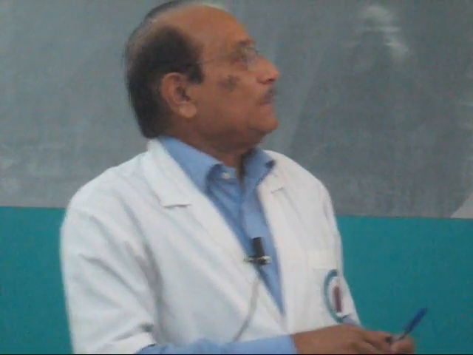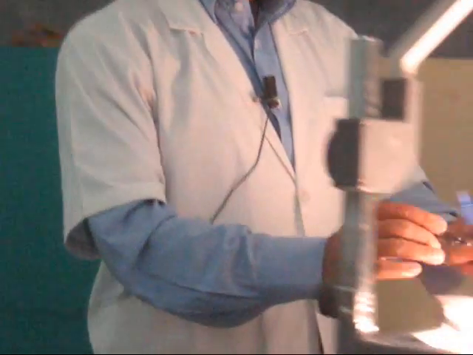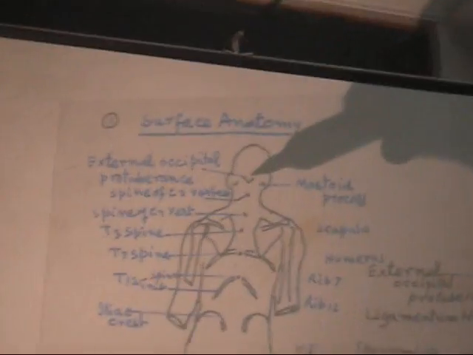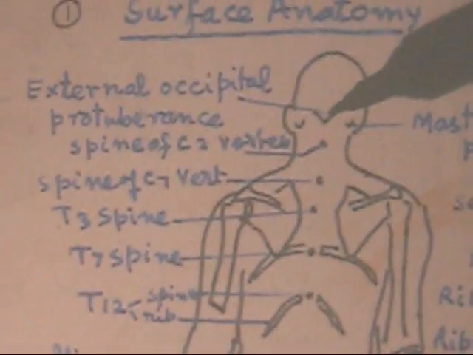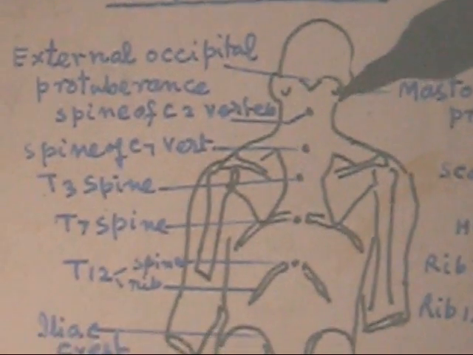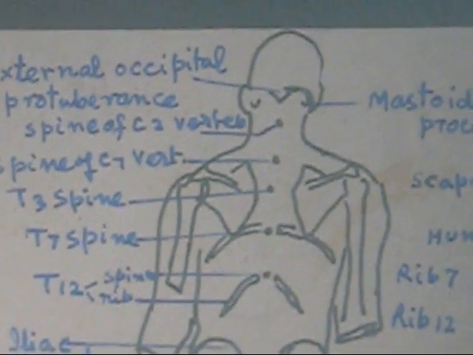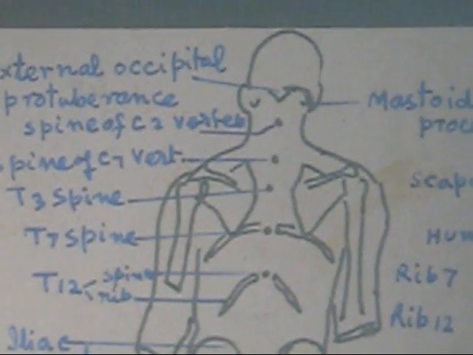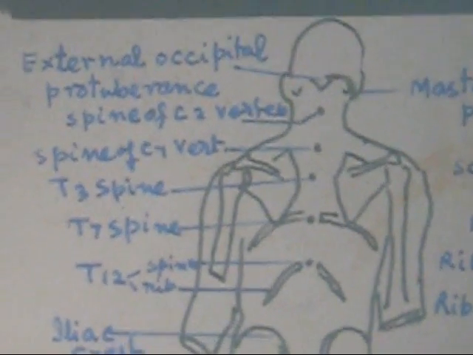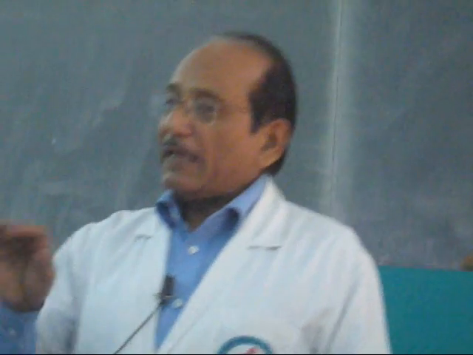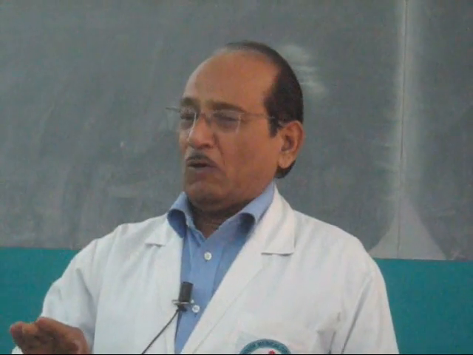Now these two landmarks are important. Why? Because there is a bony line on the occipital bone that extends in the form of an arch from the external occipital protuberance towards the mastoid process. That line is called a nuchal line. So I have marked a nuchal line. This line is present on the external aspect of the occipital bone, but there is a similar line further lower down on the same bone.